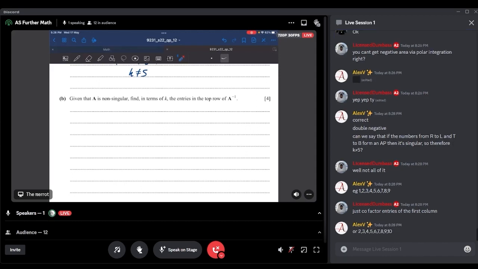Right, singular, so therefore, okay. If the numbers from right to left and top to bottom form an AP, arithmetic progression, that's singular.